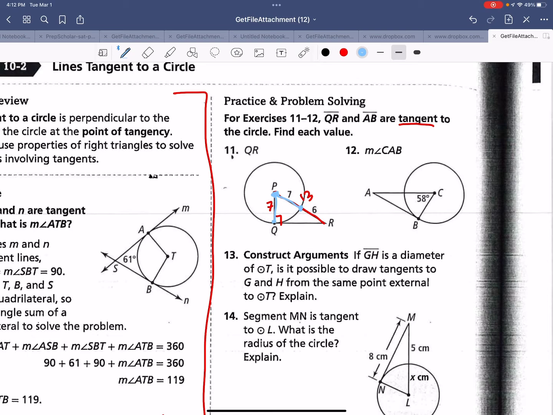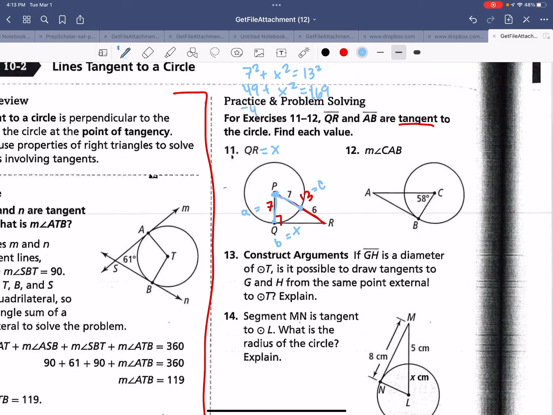So we have a right triangle, and it says we want to solve for QR. So I'm going to make that x. This is A, and this is B, and this is C. So we're going to put 7 squared plus x squared has to equal 13 squared. 49 plus x squared has to equal 169.